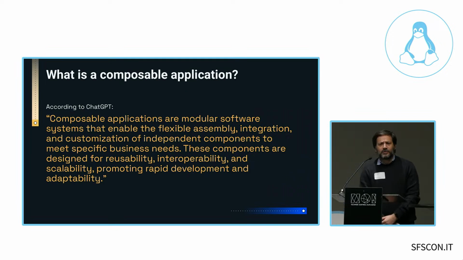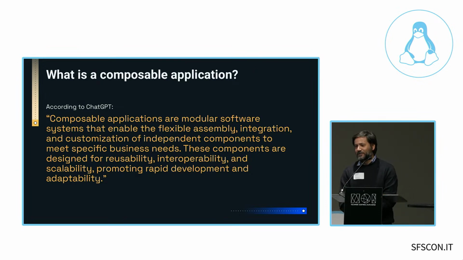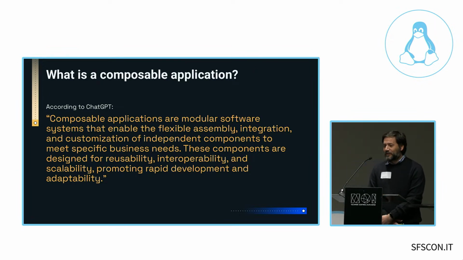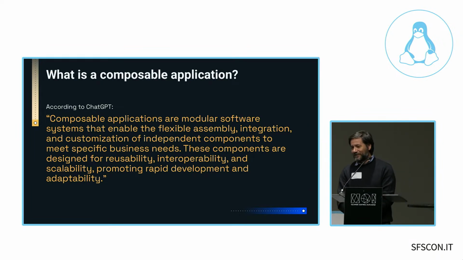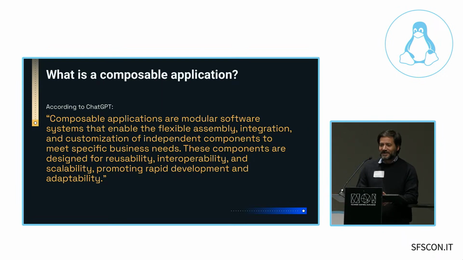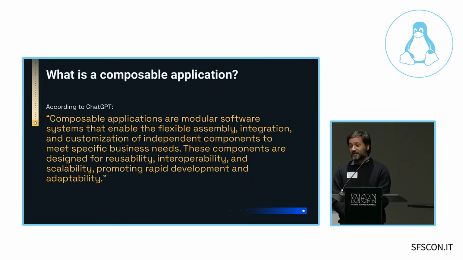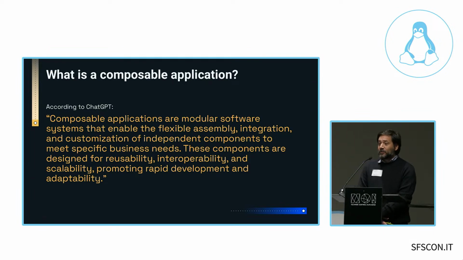What is a composable application? It's a very complex topic, so I asked ChatGPT for some suggestions, and it provided a very well-defined, very detailed definition. Basically, composable applications are modular software systems that enable flexible assembly, integration, and customization of independent components to meet specific business needs.